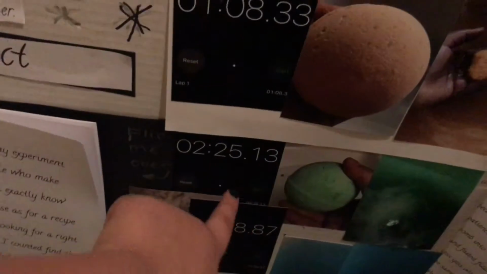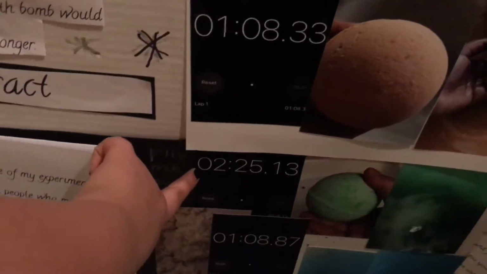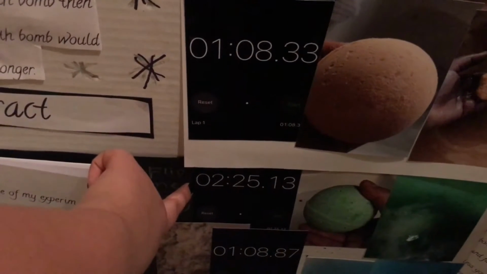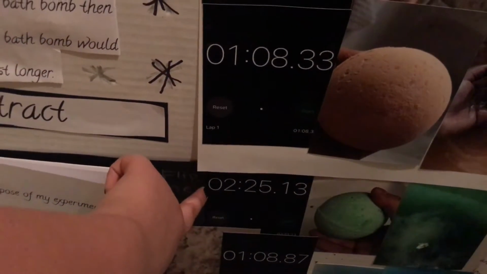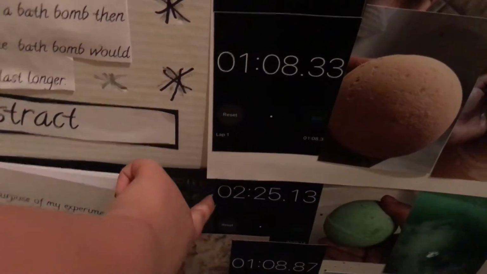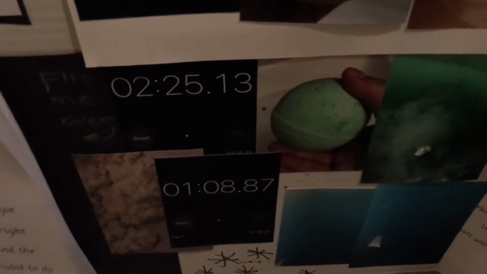This is the green one, which was the one that won. This one's baking soda had 240 ml.